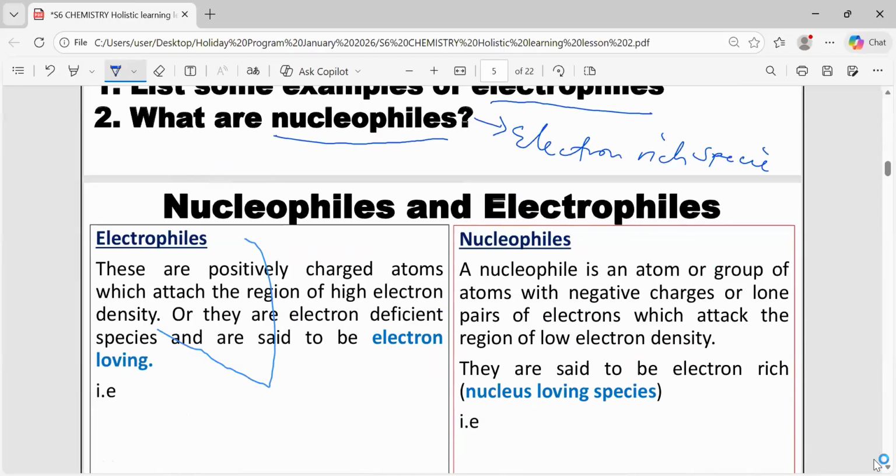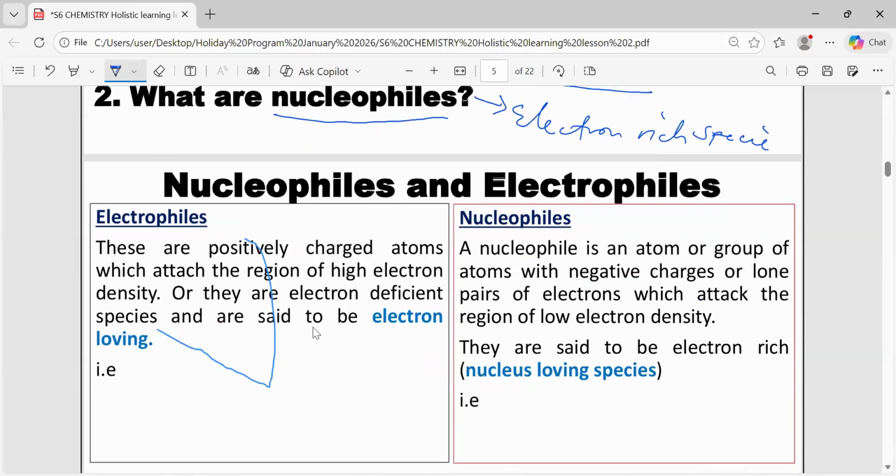You give us an example of an electrophile. An electrophile, these are positively charged atoms which attack the region of high electron density, or they are electron deficient species and are said to be electron loving.